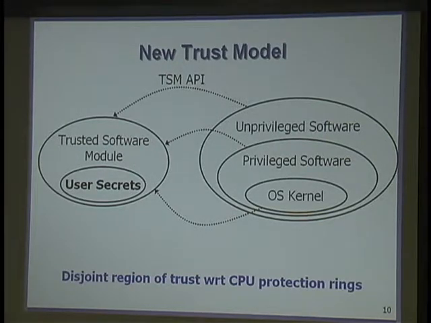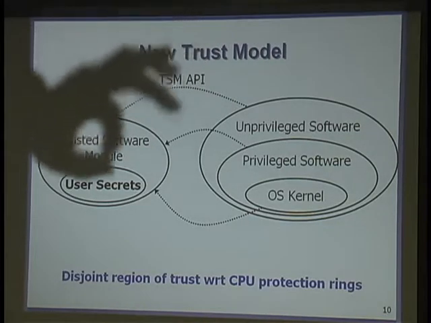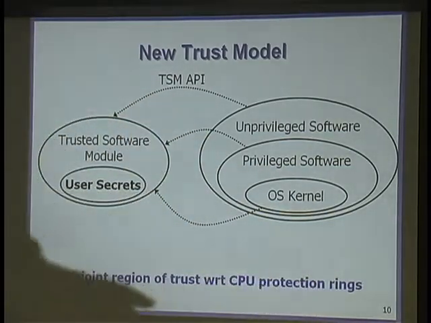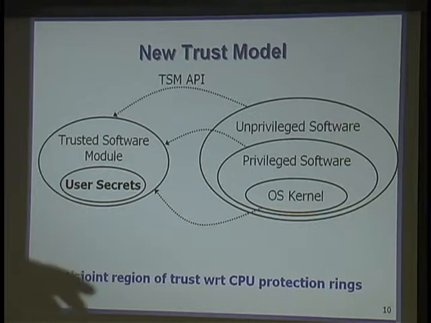Essentially, you're trying to build a security kernel for the commodity device, in a way. I'm trying to layer an orthogonal trust model on top of a commodity OS and commodity hardware.